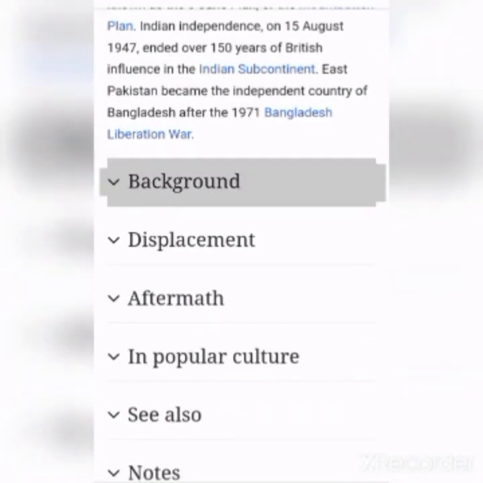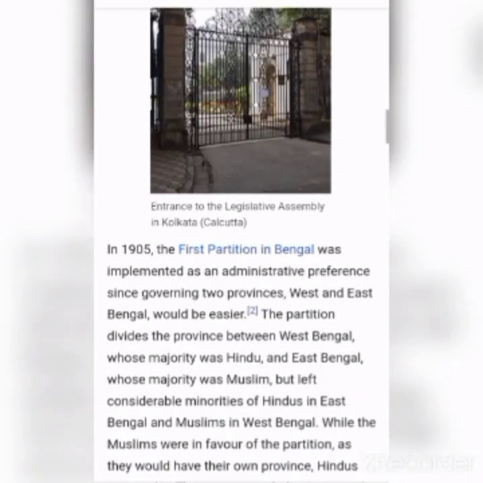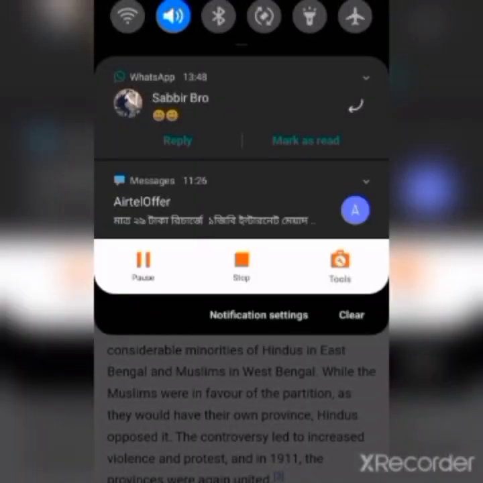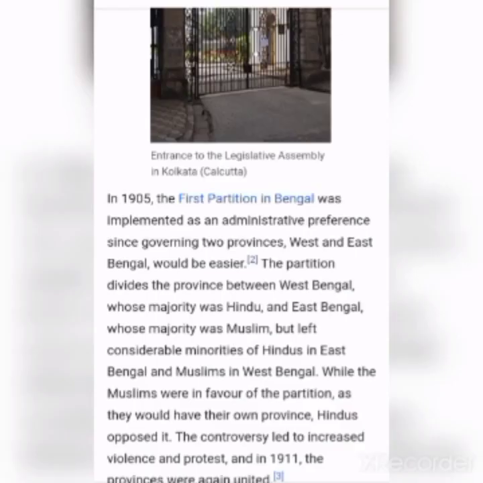With that background, in 1905, the first partition of Bengal was implemented as an administrative preference, since covering two provinces, West and East Bengal, should be easier.